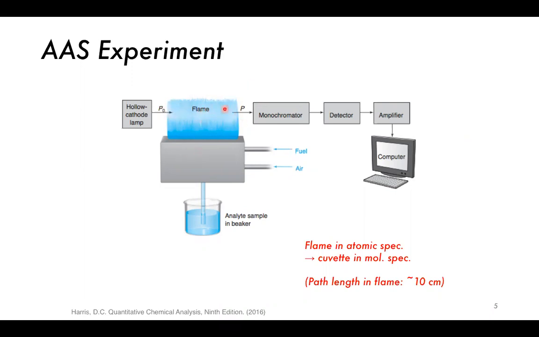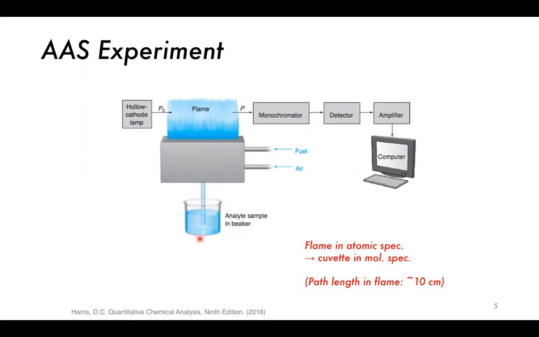And then any sample which is in the flame that has been burnt will absorb if it is the right wavelength. And then we'll get the power after absorption events. They'll pass it through the monochromator and then go to the detector and be amplified electronically. And then we will get a readout on the computer as to what the signal is. And then we can use our calibration curves to determine the quantities involved.